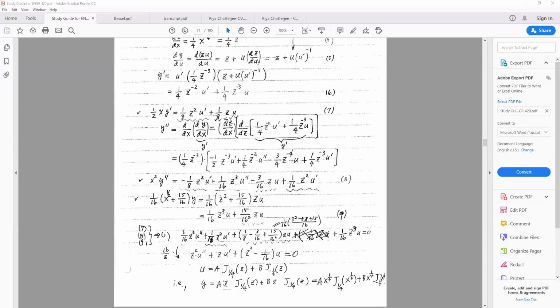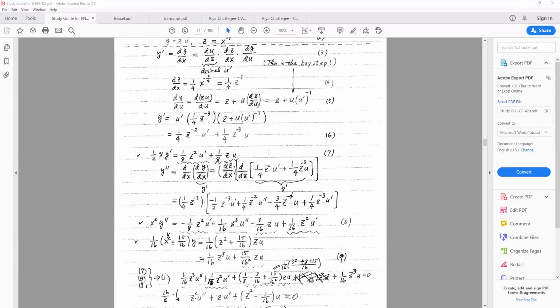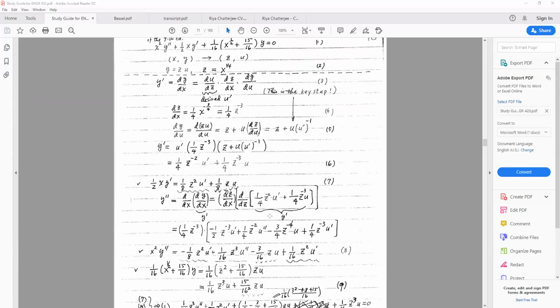Then this z has to be replaced by the original transformation rule. We replace it by a quarter of the fourth root of x. So this is the final answer. This is the solution of the given equation 1. This concludes my discussion of this segment.